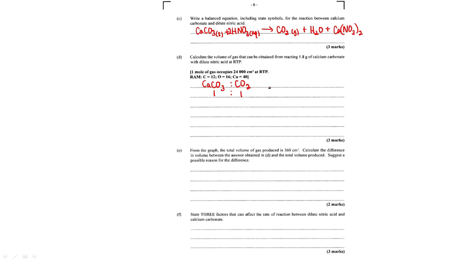So we say, we know 1 mole of calcium carbonate, let's write in our space here, is equal to 100 grams. Why? Because calcium has a mass of 40, carbon a mass of 12, and then oxygen is 3 of them, so we're going to say 3 times 16.